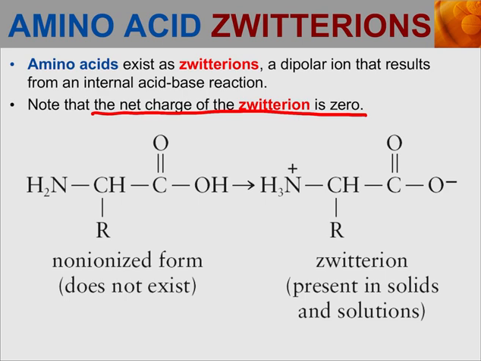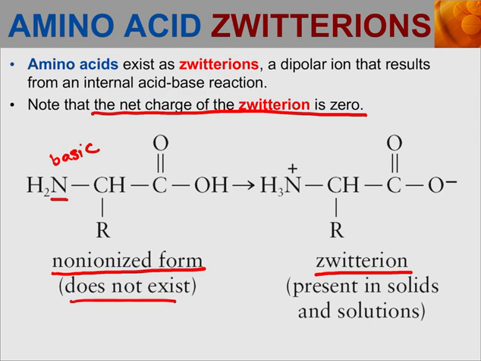So if we look down below, on the left, we have the non-ionized form of the amino acid. So that means it's completely neutral, no charges on anything. All atoms are neutral. Now, this doesn't actually exist in our bodies because remember, our bodies do have acidic parts, basic parts, etc. So amino acids actually exist as this zwitter ion form. So the nitrogen, remember, is basic.